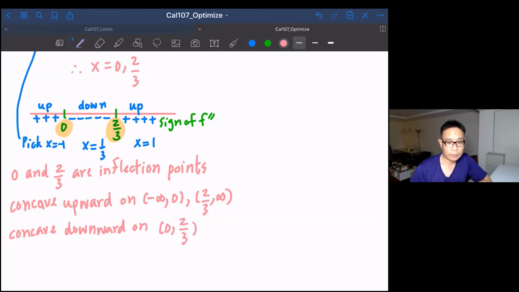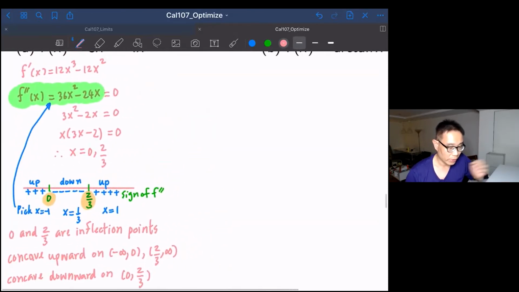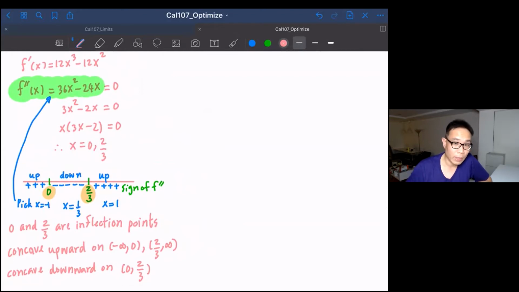Okay, and this is the whole question that we have. This one is for question A: you find the inflection points by computing the second derivative.